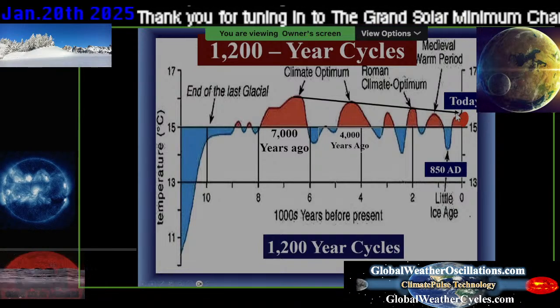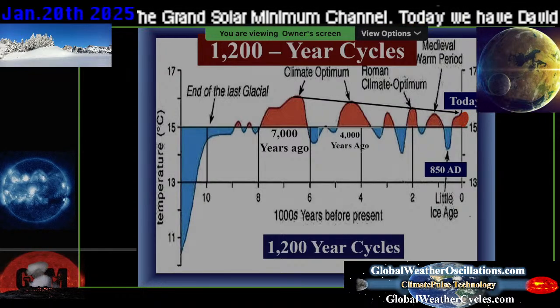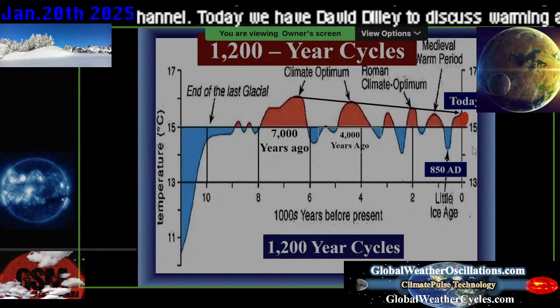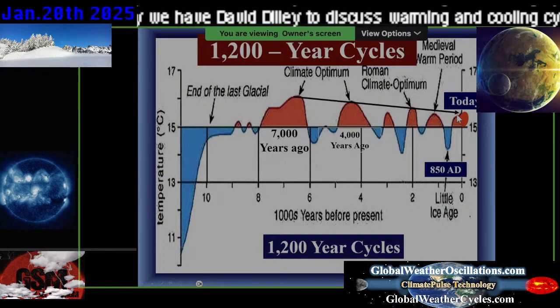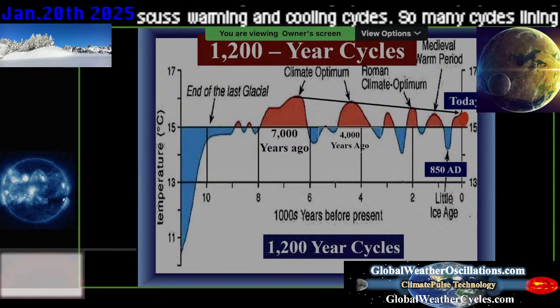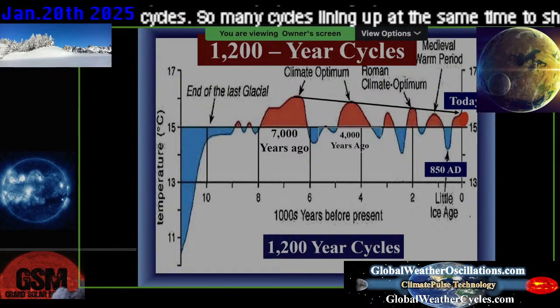And here we are over on the right. This is another cyclical warm period that comes every 1,100 years. So we're supposed to be warm. This is another cycle where we are supposed to be warm. It's not caused by human activity.